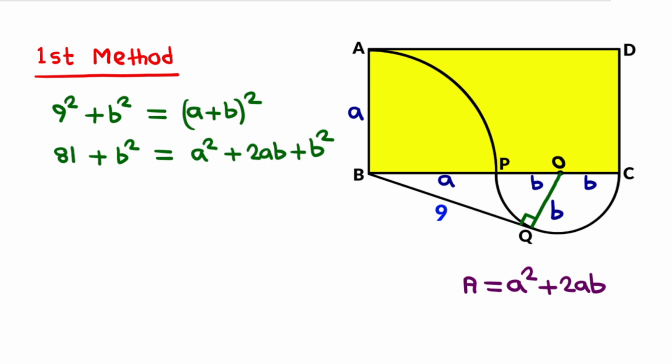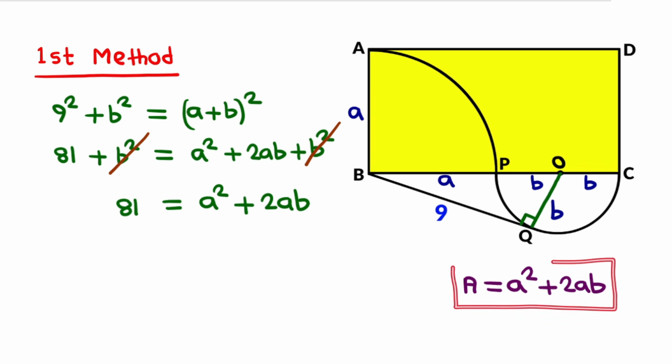Notice what happens next. There is a B squared on both sides of the equation. They cancel immediately. We're left with 81 equals A squared plus 2AB. But wait, that's exactly the area formula we saved earlier. So the area of the rectangle is simply 81 square units.